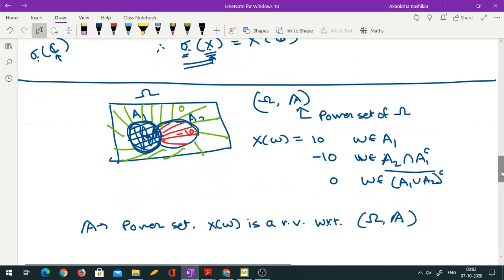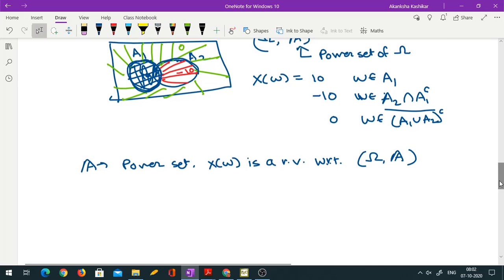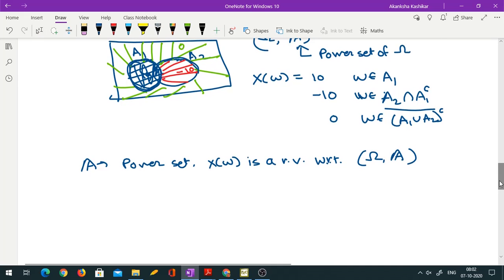Okay, so we have to consider inverse images. We'll divide the Borel sets into different possible types of sets and then consider the inverse images. So we want X inverse of S, where S can be of different types. One simple possibility is S doesn't contain any of these three values.